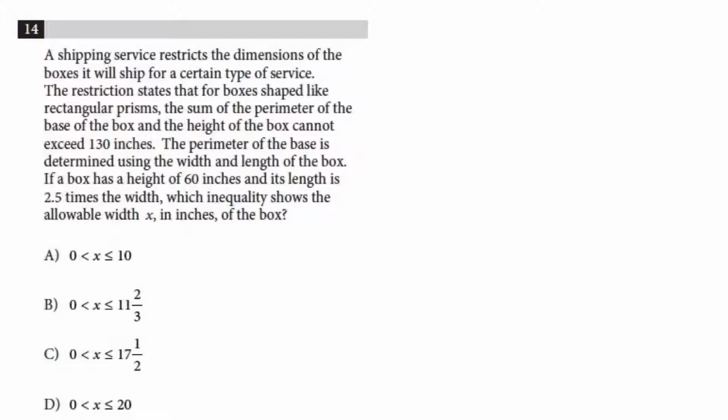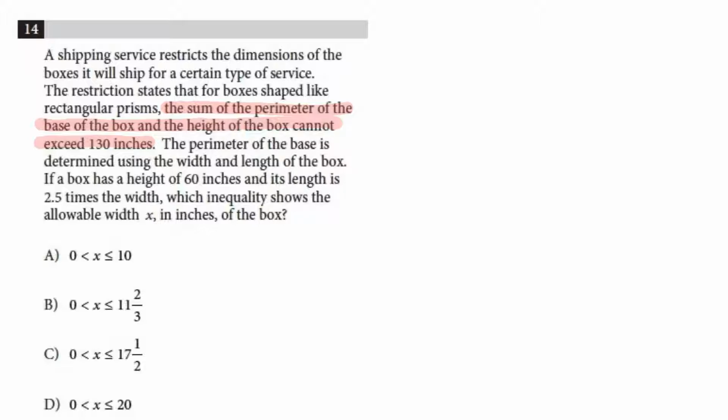So the sum of the perimeter of the base and the height cannot exceed 130 inches. Okay. The perimeter of the base is determined using the width and length of the box. If the box has a height of 60 inches and its length is 2 times its width, which inequality shows the allowable width, x, in inches of the box.